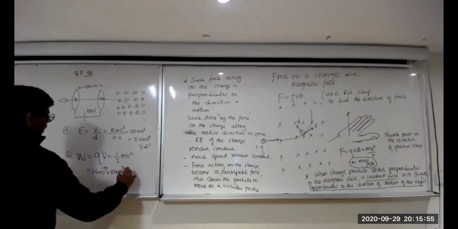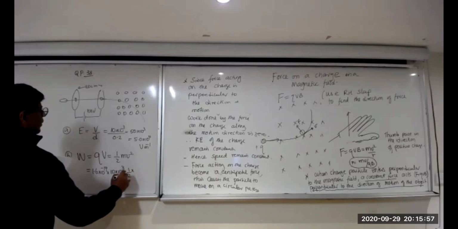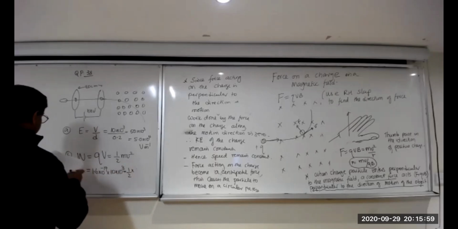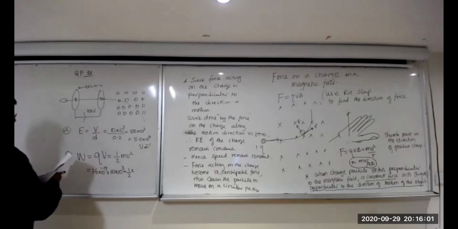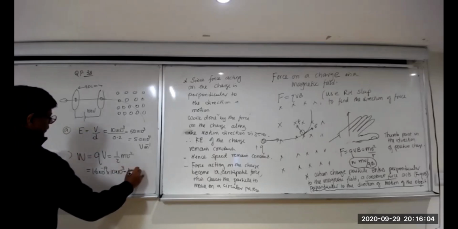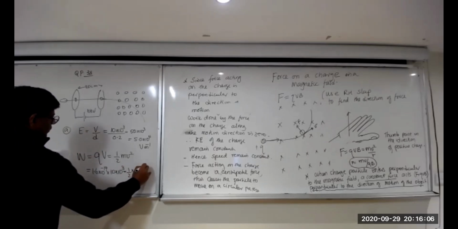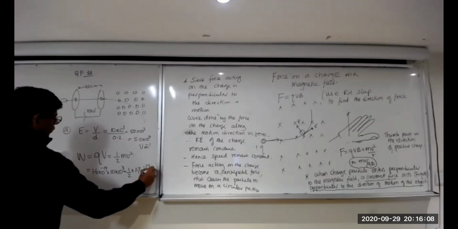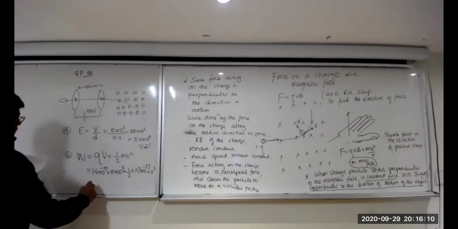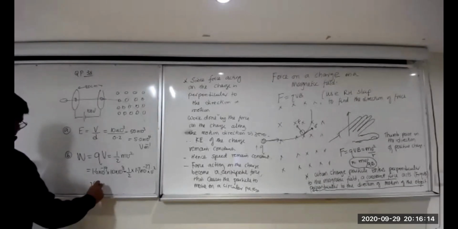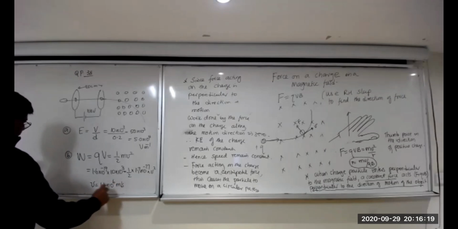Half times the mass. The mass of a proton is 1.7 times 10 to the negative 27. And then solve for speed, v. You should get a value of 1.4 times 10 to the power 6 meters per second.